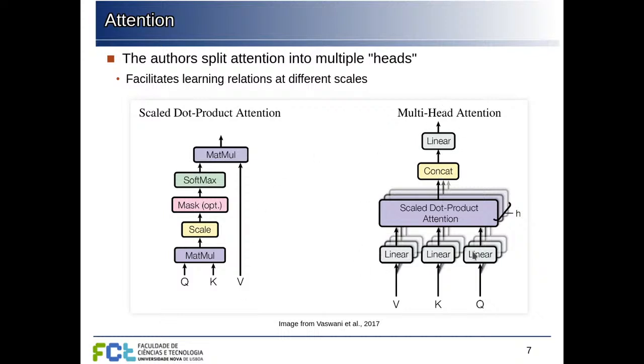So these would be dense layers doing the resizing and the projection of this data. And this is the number of heads that we're going to use. The reason for this is that when we have independent dot product attention layers, these independent projections will help focus on different aspects in parallel, and this helps learn, for example, relations at different scales or different types of relations more easily.